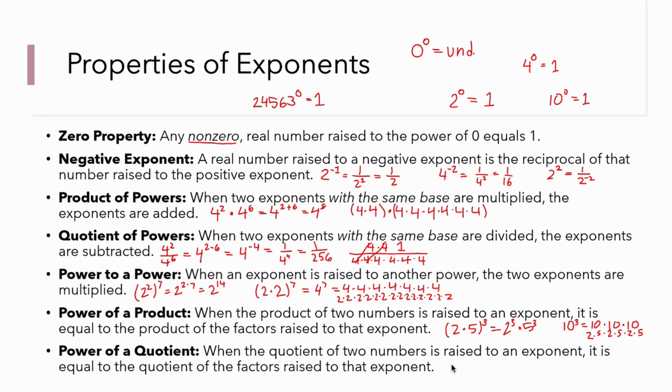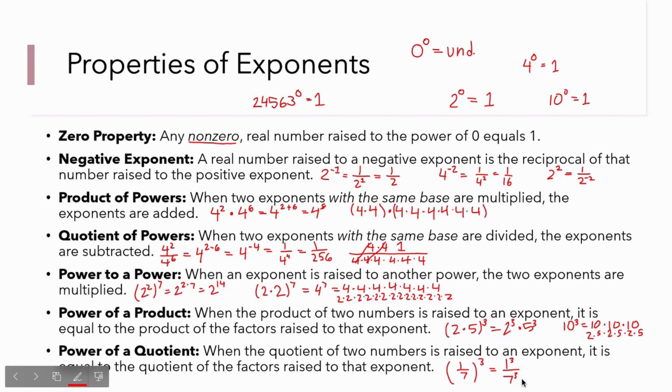So, if we have, say, 1 divided by 7, which is also equal to 1/7, because fractions are division, and say this is cubed, this is equal to 1 cubed over 7 cubed.